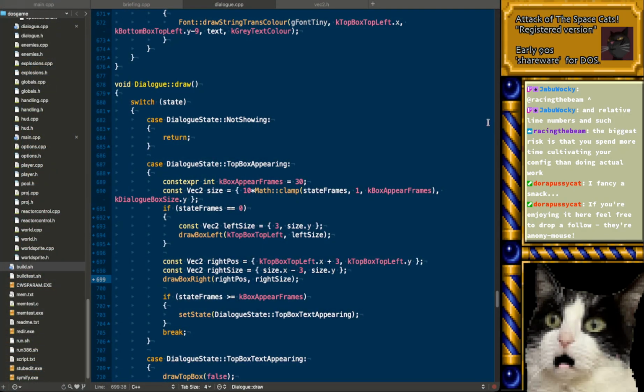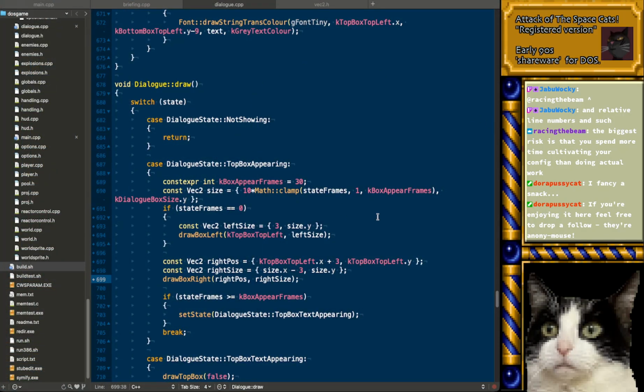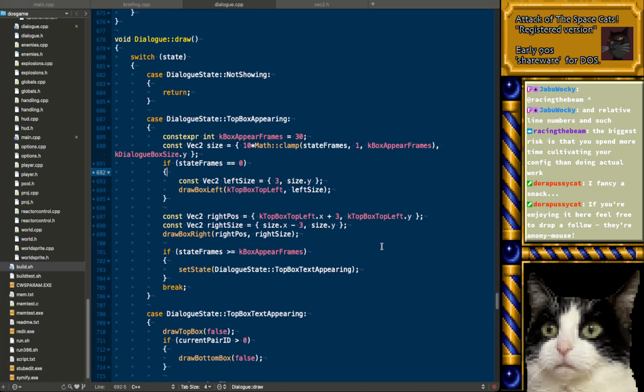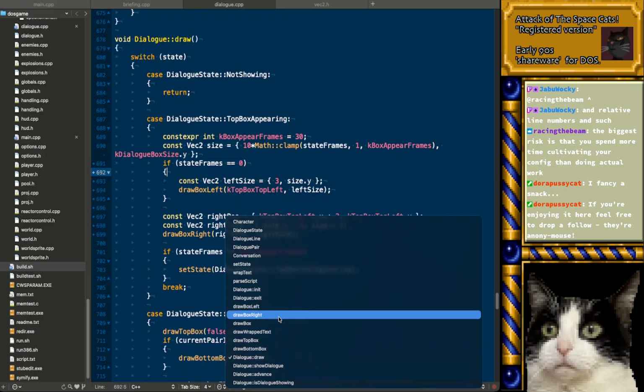Where's the code gone? There it is. Anyway, right back to DOSBox.